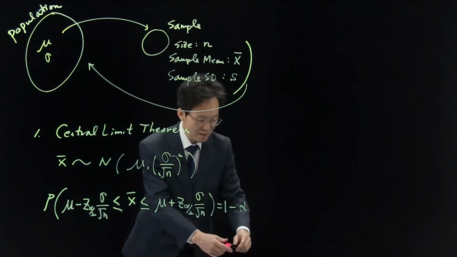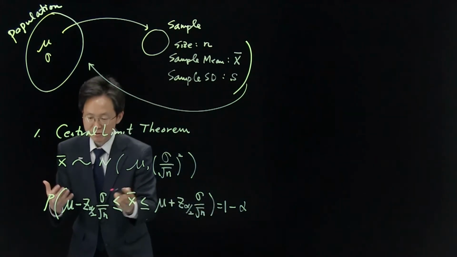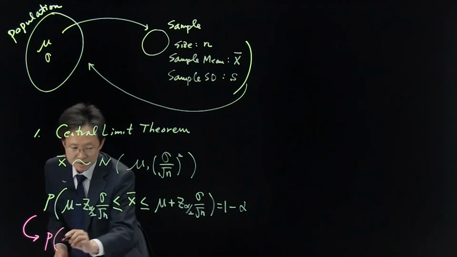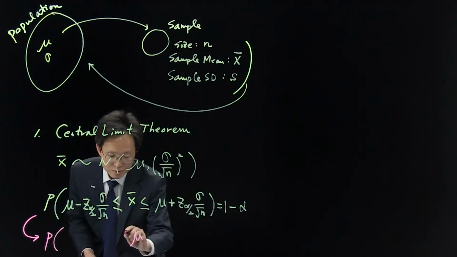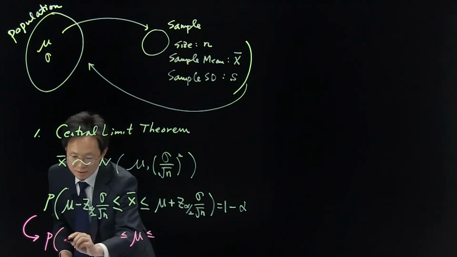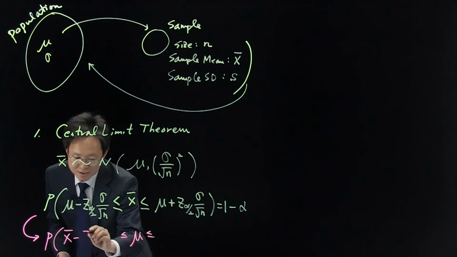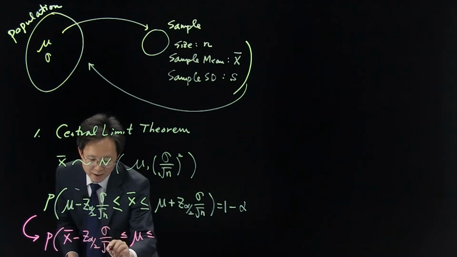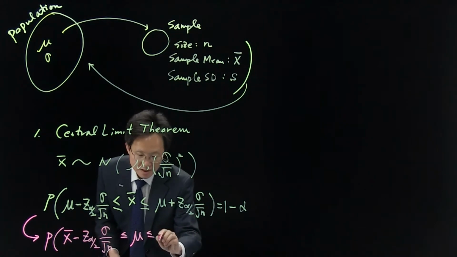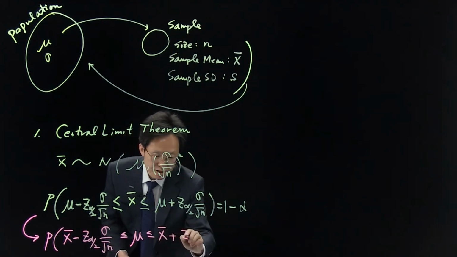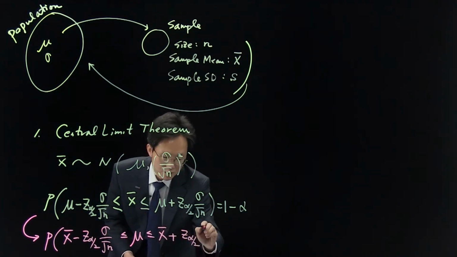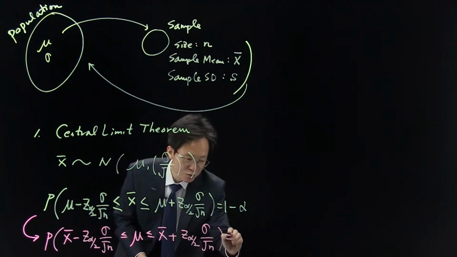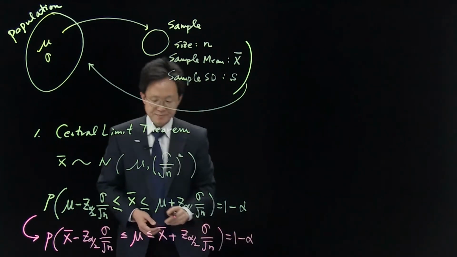So we can rearrange and convert this into: mu is between x bar minus z alpha over 2 sigma over root n, and x bar plus z alpha over 2 sigma over root n, and this is going to be 1 minus alpha.